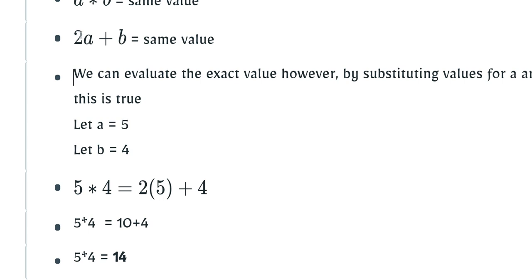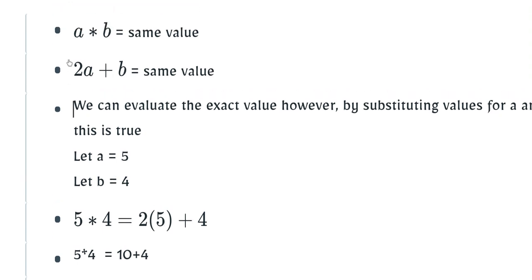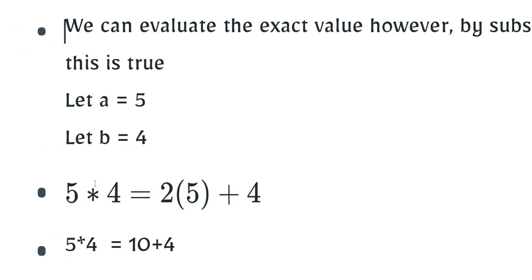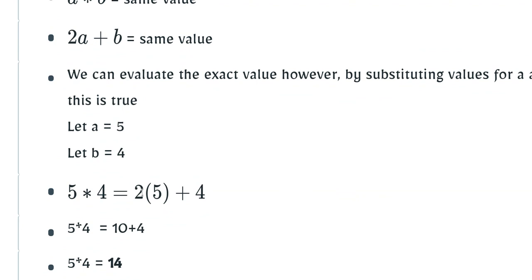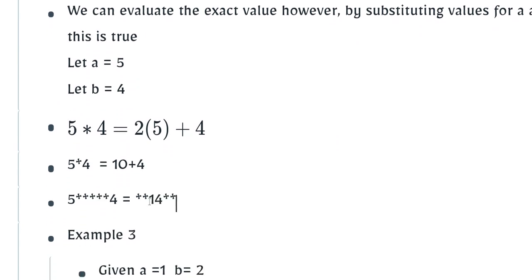So we would say 2 times 5 plus, what is B? 4. So 2 times 5 plus 4 is the same thing as if we said A asterisk B, and we just put A as 5 asterisk 4. So this is essentially equal to the right hand side. So whatever value this is, that would have given me the value of this unknown operation for A asterisk B.